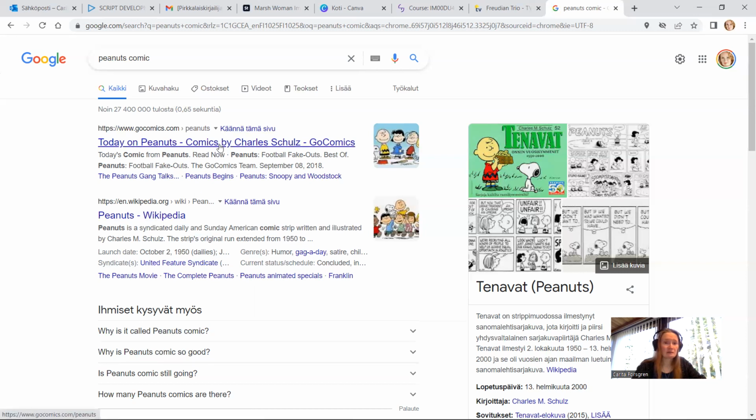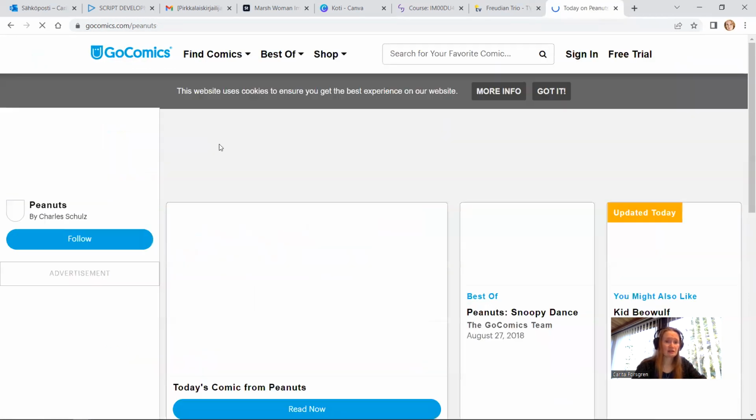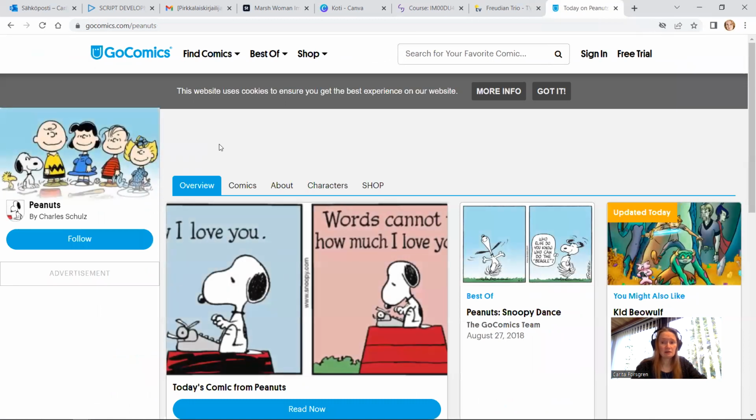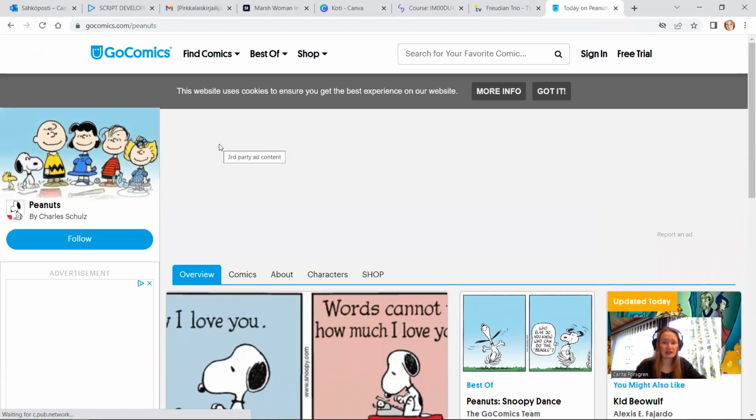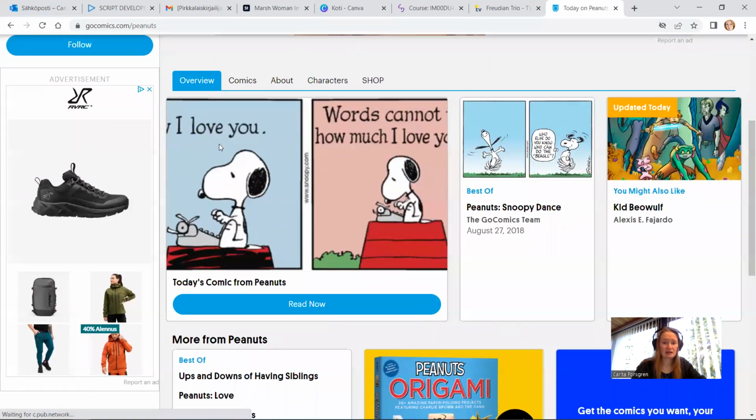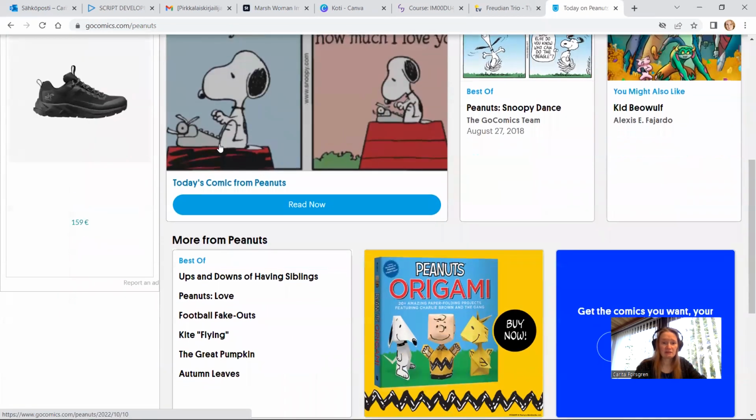And then, of course, there's the original comic strips, which can all be read here on GoComics. So if you want to read Peanuts from the beginning, then yeah, you can get them from here.